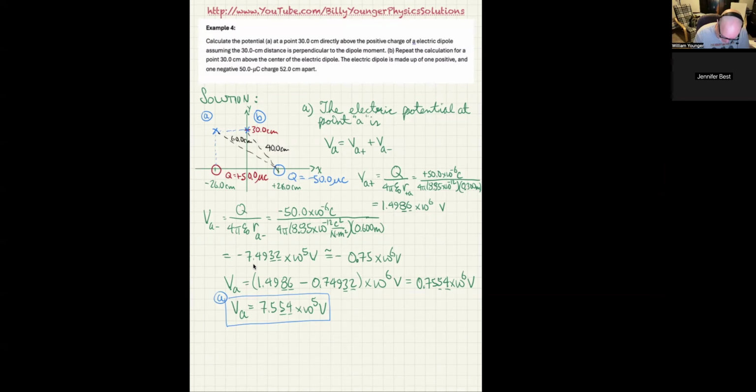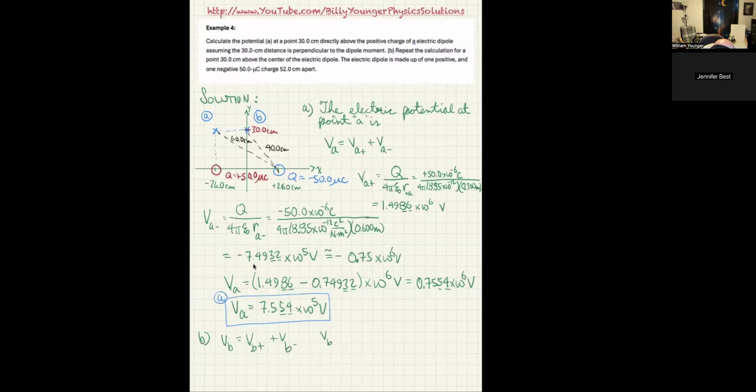Gotcha. No problem. Well, for part B, what we're supposed to do is VB, the total voltage at B, should be the voltage at B due to the positive charge plus the voltage at B due to the negative charge.